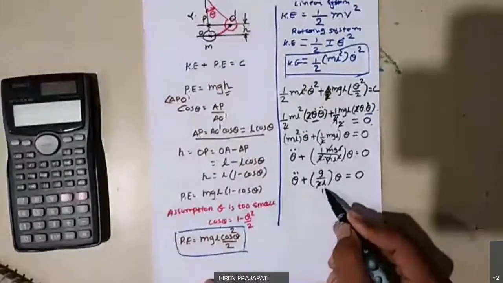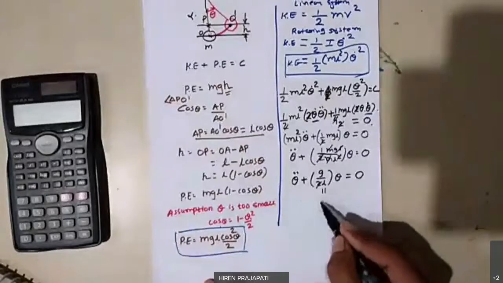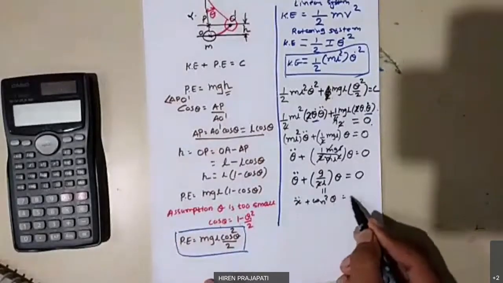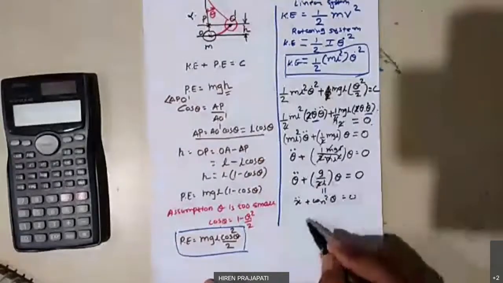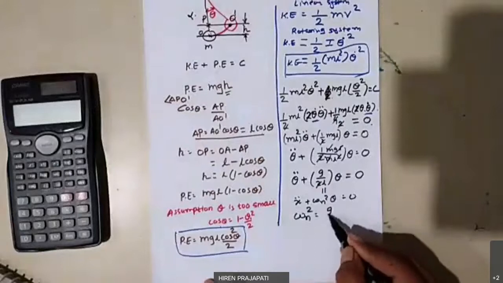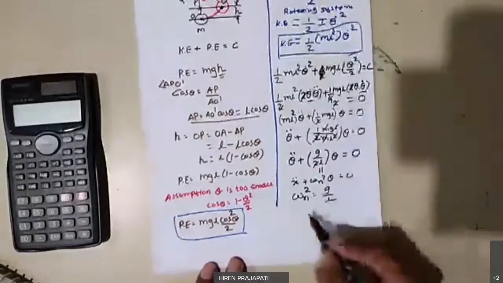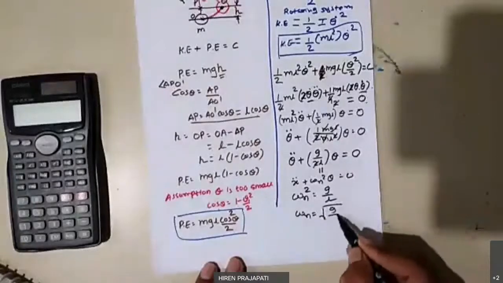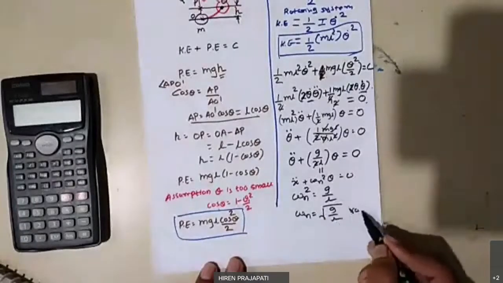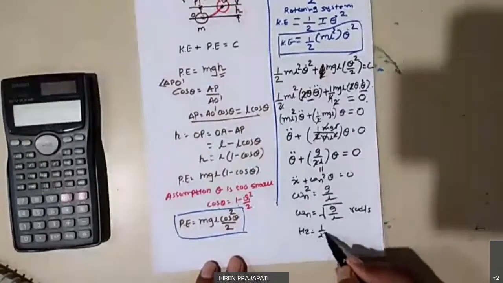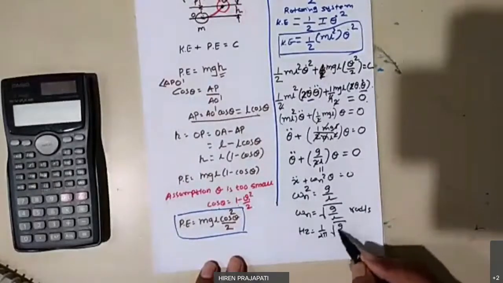Now if you compare this with the simple harmonic motion equation, then this represents omega n square. This is what we have seen earlier by Newton's approach. So we got the same natural frequency equation by the energy approach. We take the square root. So this is in radian per second. For hertz, 1/2 pi square root g by l.